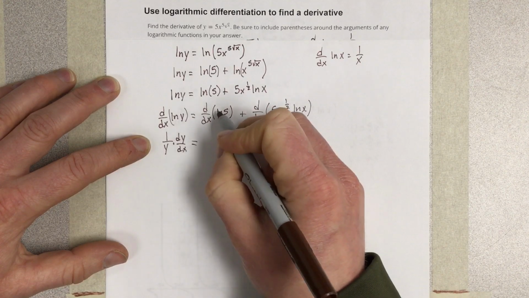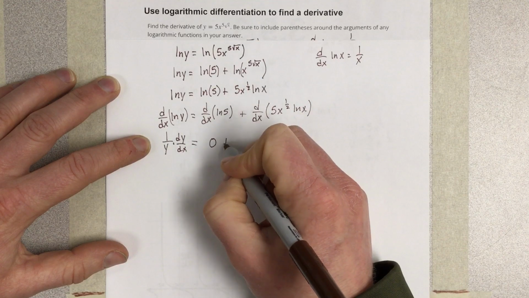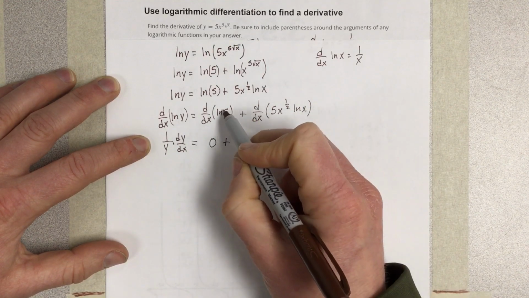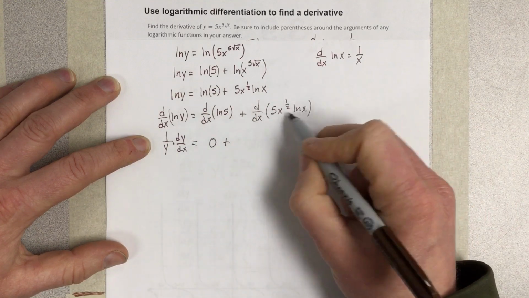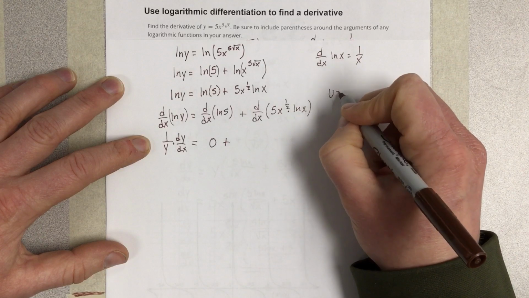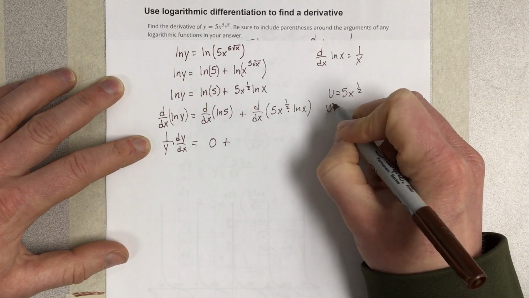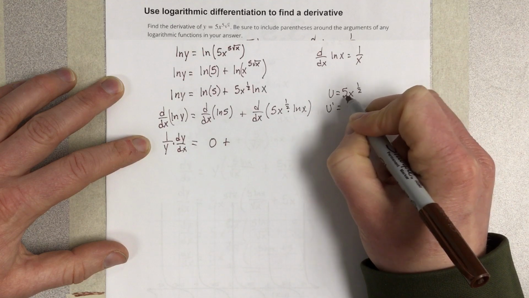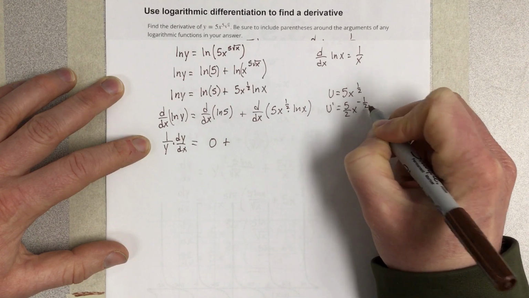So that's going to equal 0, plus, natural log 5 is a constant, that's why it's 0, derivative of constant 0. Product rule here, so we're going to write u is equal to 5x to the 1/2 power. U prime is, if I bring that 1/2 to the front, 5 halves, x to the negative 1/2.